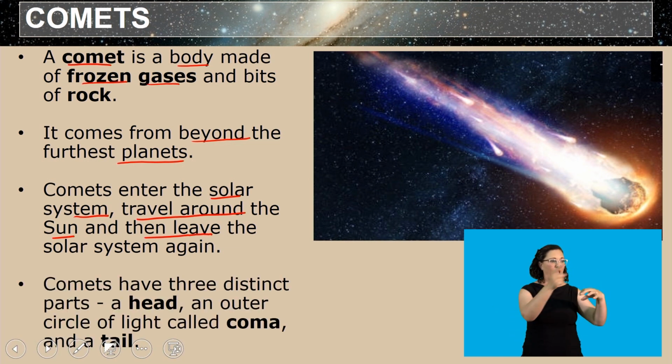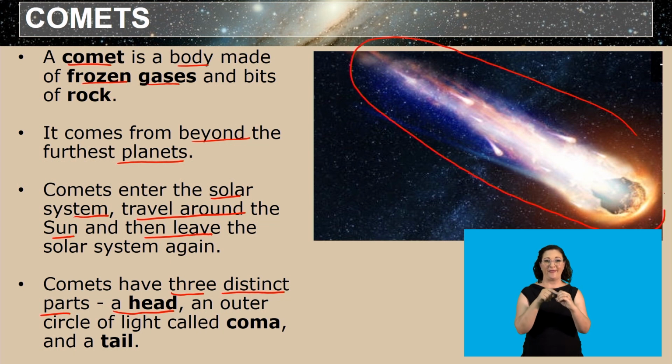If we look at the structure of the comet, it has 3 distinct parts. We have a head. If you look at the picture on my right hand side here, this part will be referred to as the head of our comet.